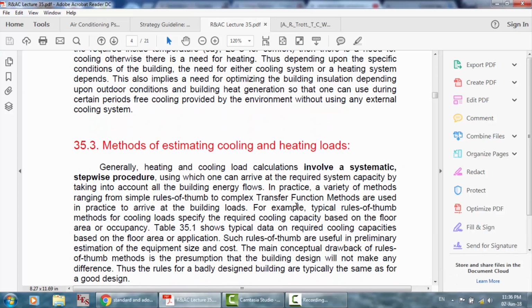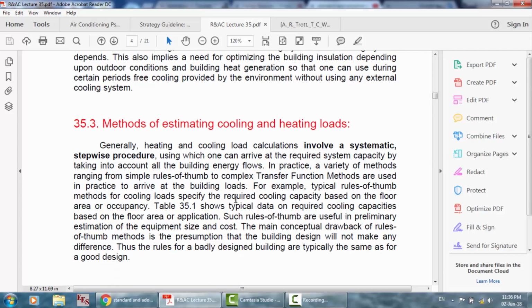So we have here the methods of estimating cooling and heating load. Generally, heating and cooling load calculations involve a systematic stepwise procedure using which one can arrive at the required system capacity by taking into account all the building's energy flows. In practice, a variety of methods ranging from simple rules of thumb to complex transfer function methods are used to arrive at the building loads.